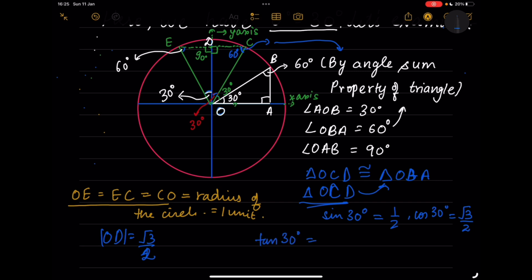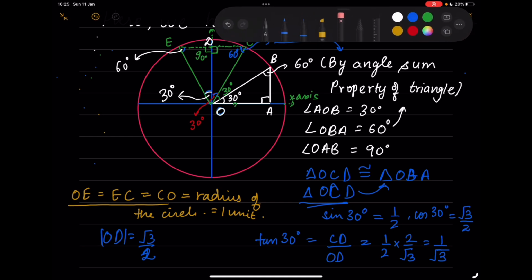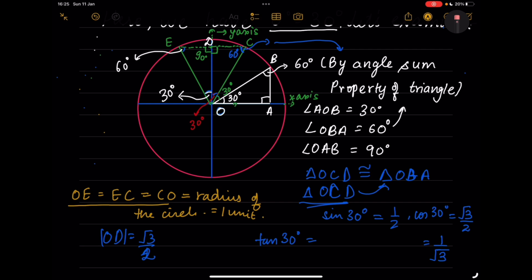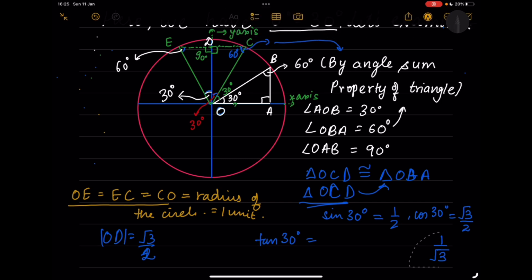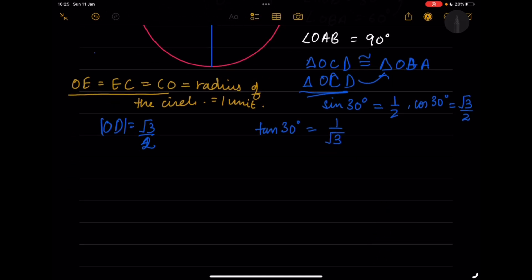Tan 30 degree is CD upon OD. CD is half unit, OD is root 3 by 2. From here you get the value of tan 30 degree as 1 by root 3, and this is how you have found all your values of sine 30 degree, cos 30 degree and tan 30 degree.